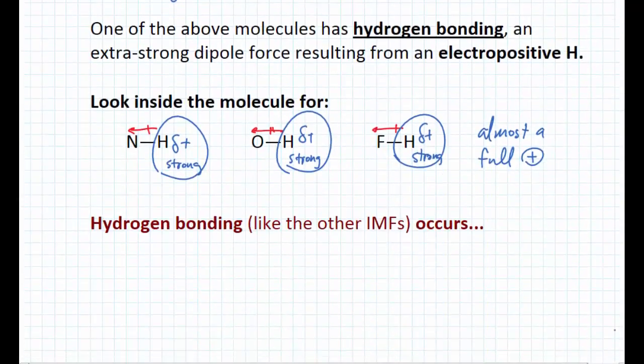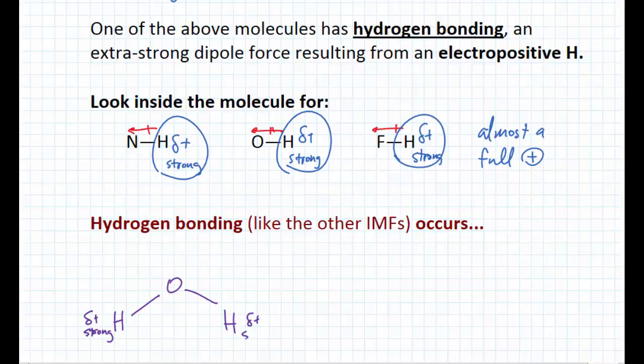But then, let's draw a little molecule here. Let's draw water down here, make it nice and big. Okay? Draw those partial plus strong. Okay? And let's look at this one right here. That's an extra strong partial plus.